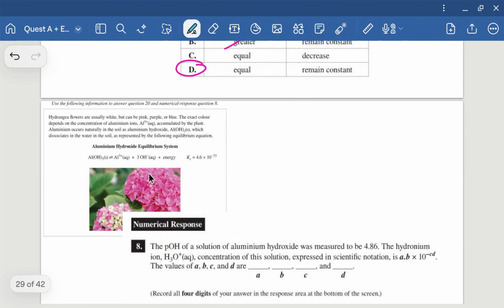If you have the pOH and you want hydronium ion concentration, then we are going to take a look at our value here. So we have the Kc value. So I just wanted to think about number 8. The pOH of the solution is measured to be this.